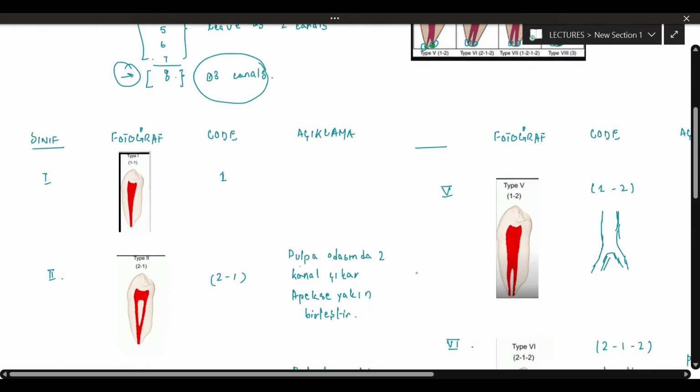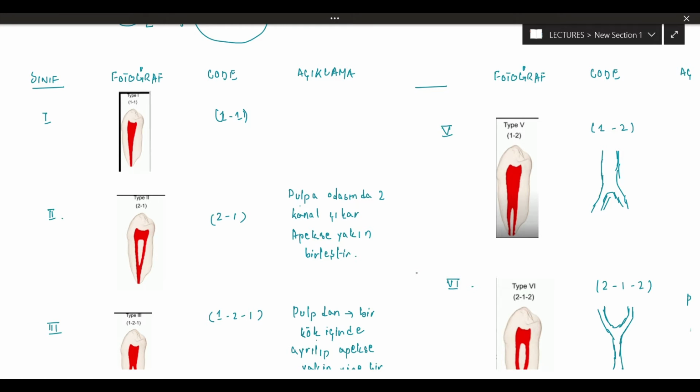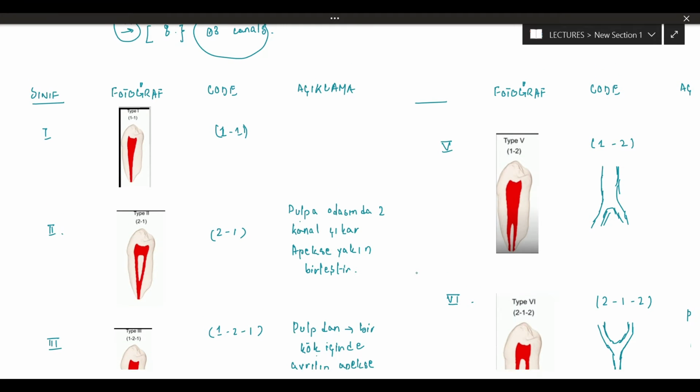So coming towards the classification, we have class 1, in which one canal leaves the pulpal chamber, continues through the root and leaves the apical foramen as one canal.